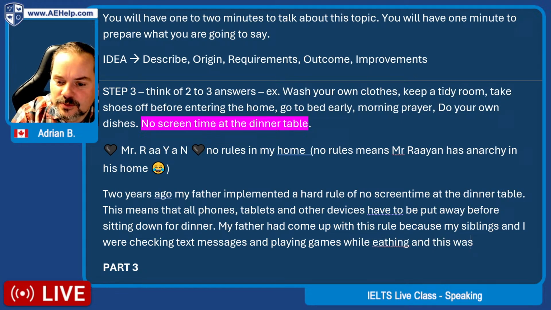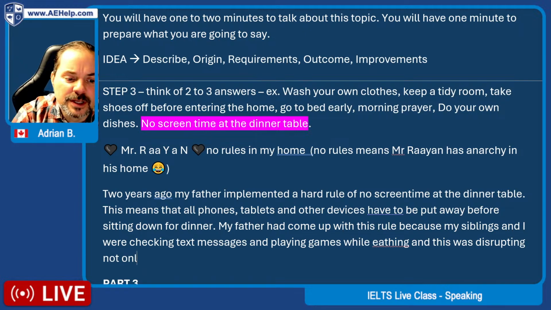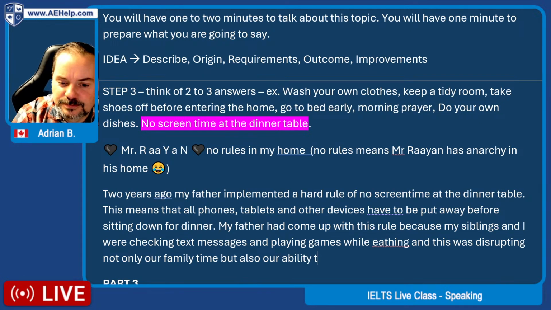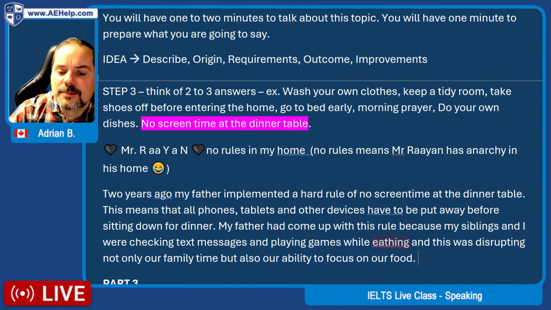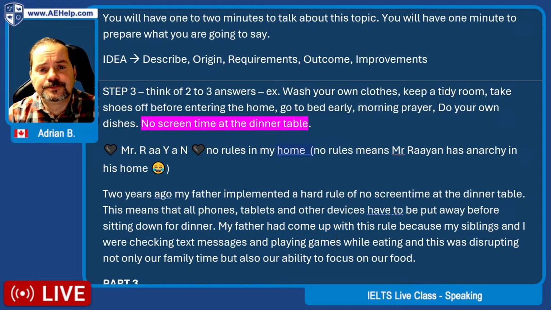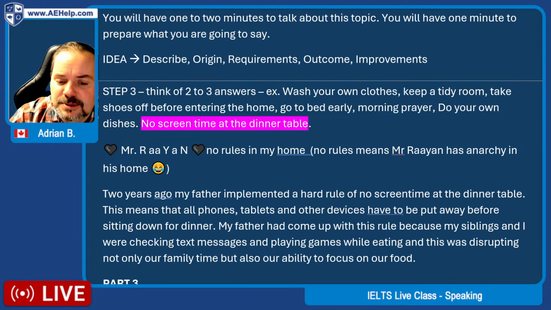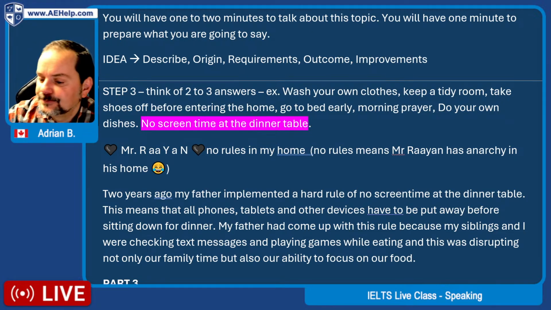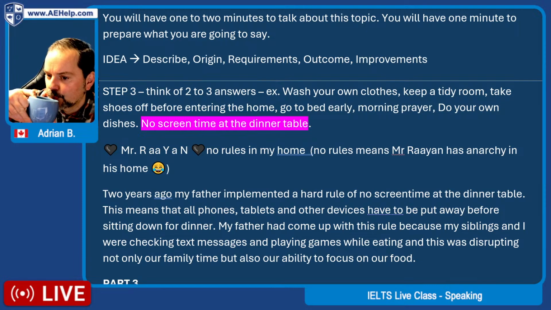And this was disrupting not only our family time, but also our ability to focus on our food. Okay, so I'm not going to finish this. You get the idea. So we go through each of these steps and we keep going here. All right.